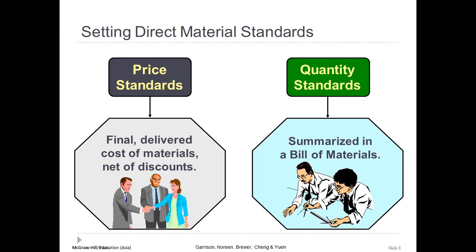The standard quantity per unit for direct materials should reflect the amount of material required for each unit of finished product, as well as an allowance for unavoidable waste, spoilage, and other normal inefficiencies. A bill of materials is a list that shows the quantity of each type of material in a unit of finished product.